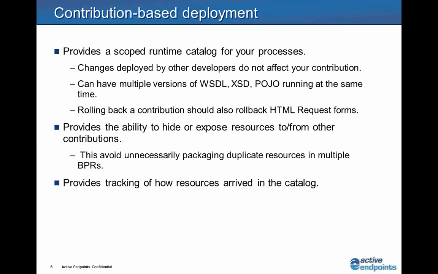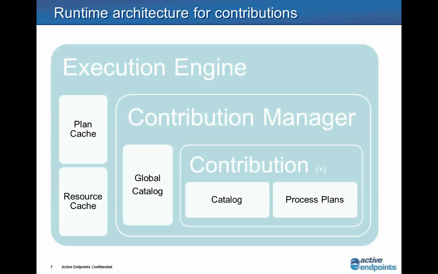And because of the versioning capabilities, this versioning is something that Active Endpoints has added on to the base concept of contributions. Contributions, everything in there we're using as is, but we're treating some contributions as versions of other contributions. And by doing that, it's easier to track what's going on with the process application.